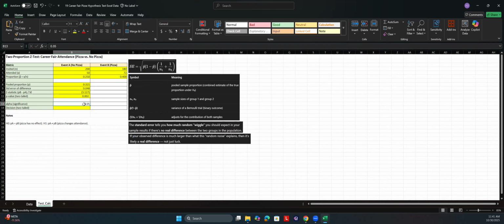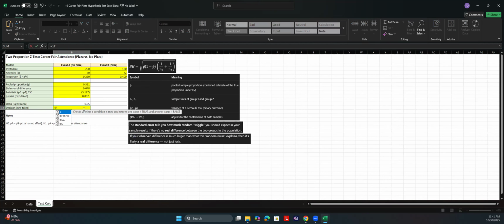So the decision we make here is that if this value is less than the significance level, then reject the null hypothesis.